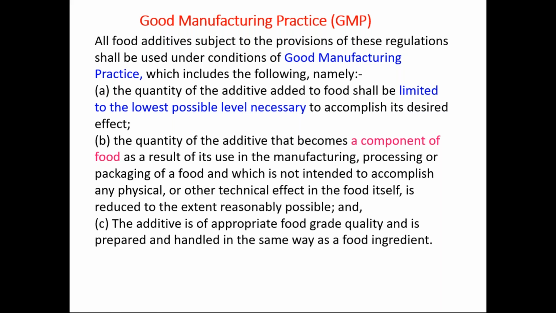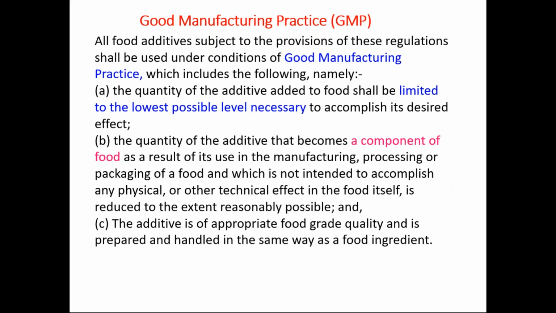It cannot be a chemical grade. Citric acid is used as an additive, but you cannot use chemical grade citric acid in the food. You have to use food grade citric acid. So the standard specifies the quality or purity of the food additive that has to be used.